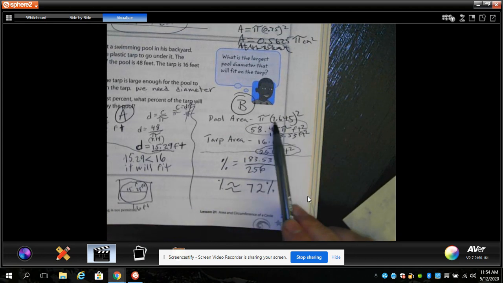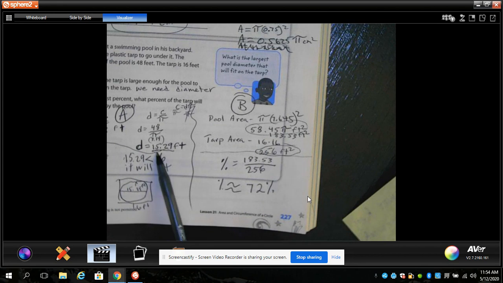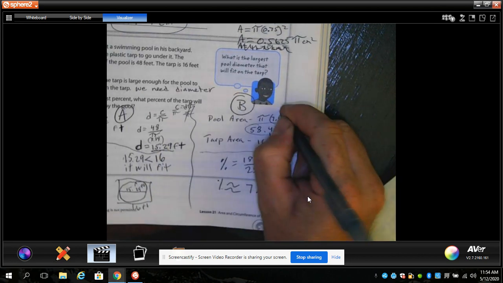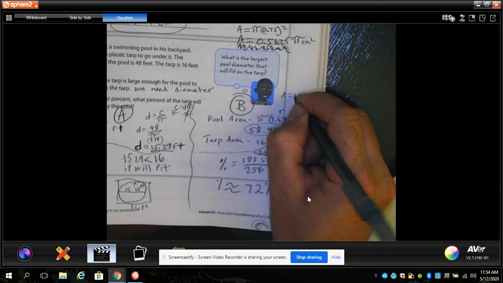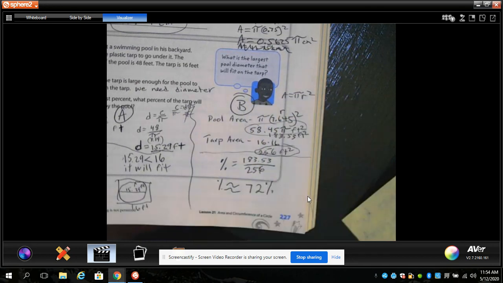From 15.29 feet for the diameter, you should be dividing that in half to get your radius. So my radius is right here, because remember, we're using the area equals pi r squared.